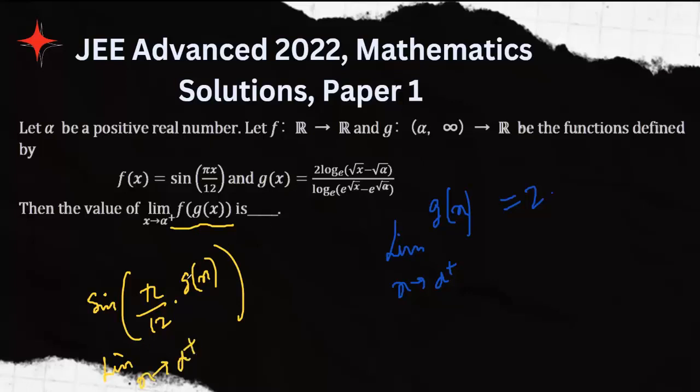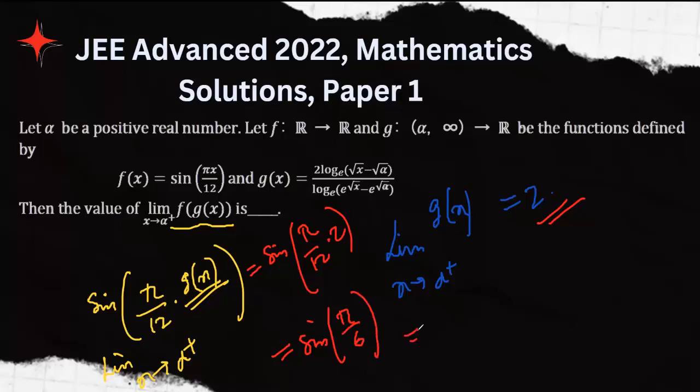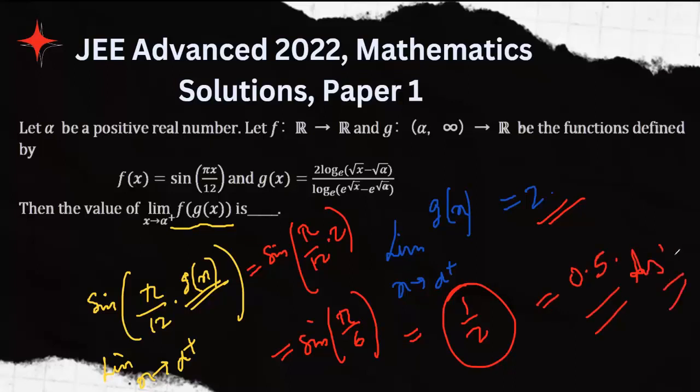We know that this g(x) function is tending towards 2 for x going to alpha plus. So this is nothing but sine of pi by 12 into 2, that is sine of pi by 6. That is sine 30 degrees, 1 by 2. Okay. So 1 by 2 or 0.5 becomes the answer for this question. Right. Thank you.